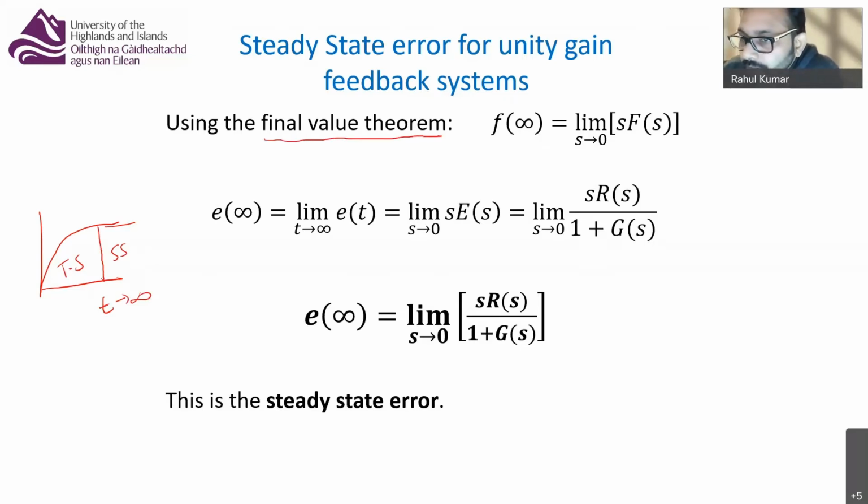The final value theorem helps me calculate the value of a function at t equals infinity. It says that a function at t equals infinity is equal to the limit s tending to 0 of s multiplied by the function in s domain.